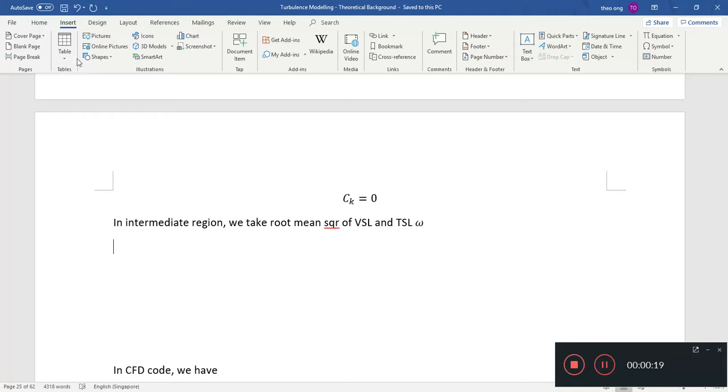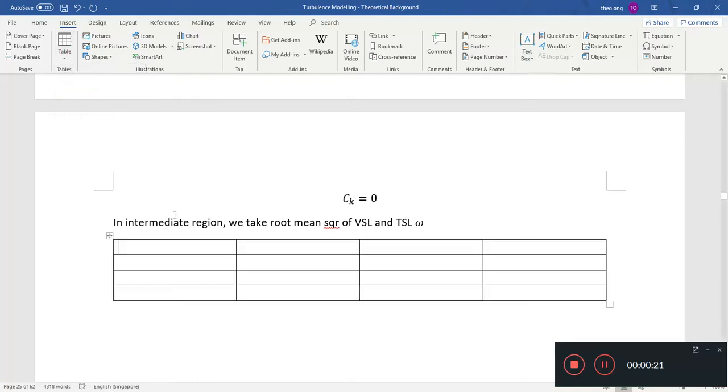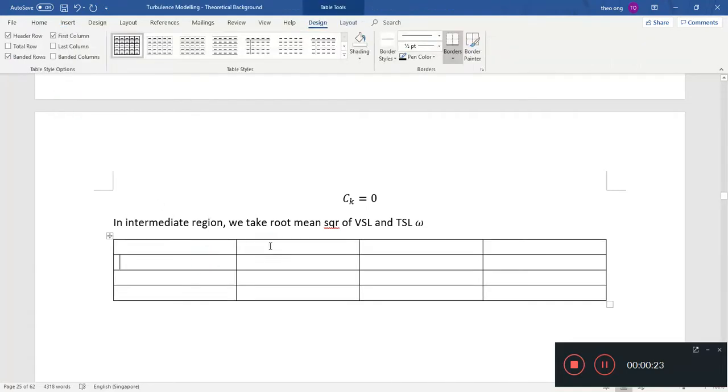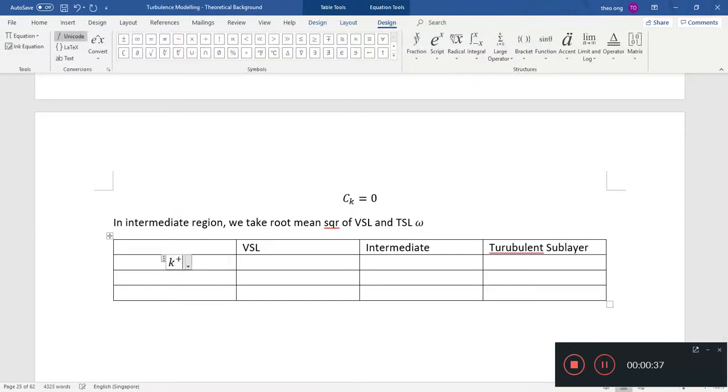In the last video we were talking about some wall functions for k and omega in the viscous sublayer region and the turbulent sublayer region. So let me get a handy table out: viscous sublayer, intermediate, turbulent sublayer. Then I'll have a k plus here, and then omega plus or omega star plus.